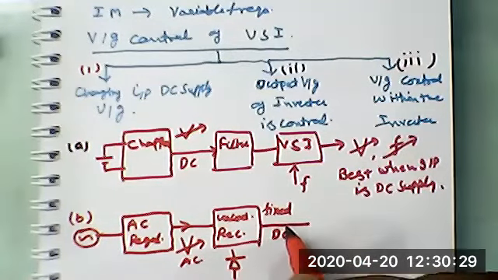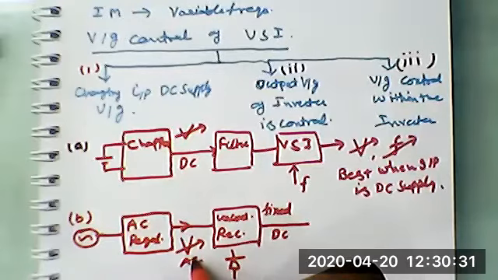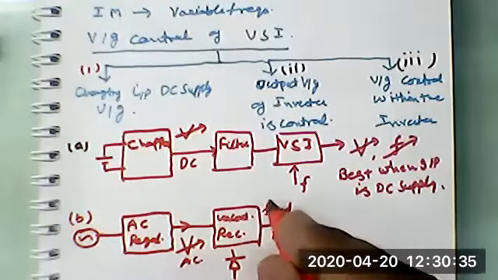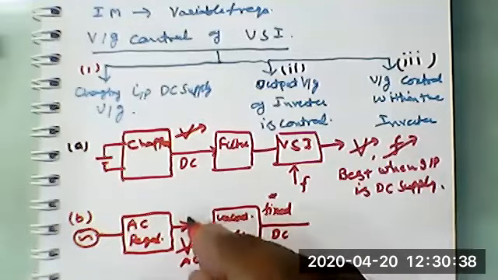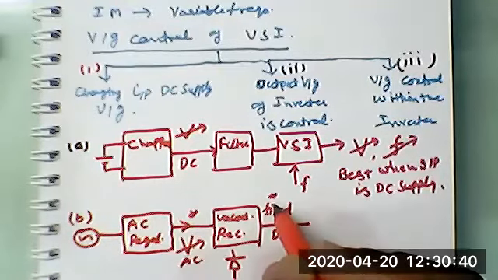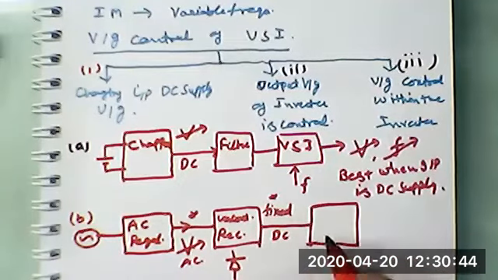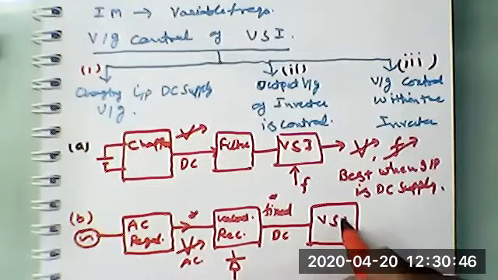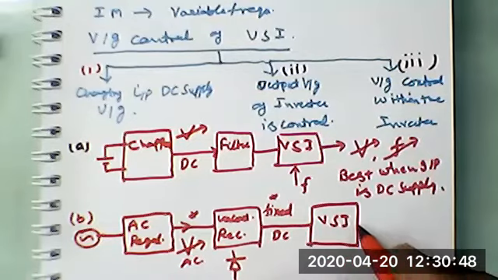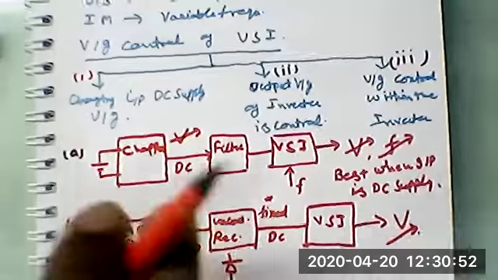Mind it, fixed DC means since this is the variable AC, corresponding to this particular AC, this is fixed. Now you can apply a VSI, and therefore the voltage is variable in nature.